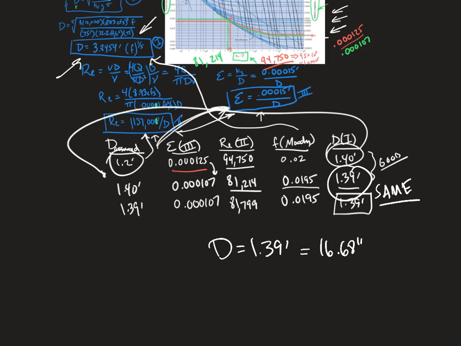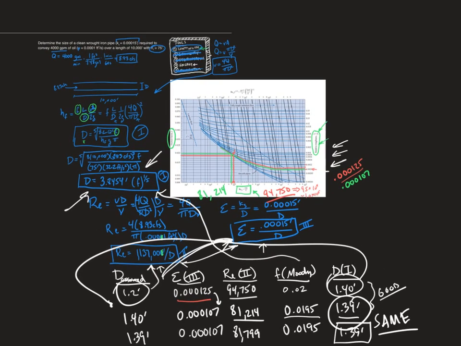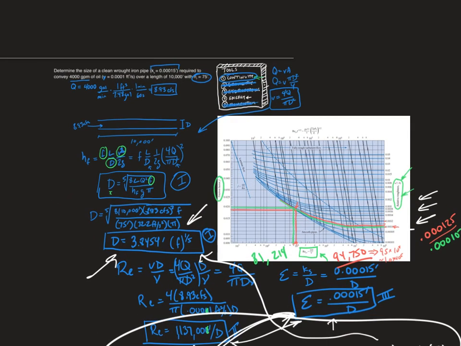That means D equals 1.39 feet, which equals 16.68 inches. Now they don't make pipes in that size, so you need to go one up, and you go to 18 inches. That is the size you would use if you're ordering this pipe. An 18-inch pipe will get you more than 4,000 gallons per minute of oil with that amount of head loss.